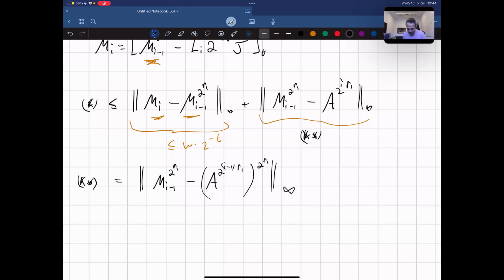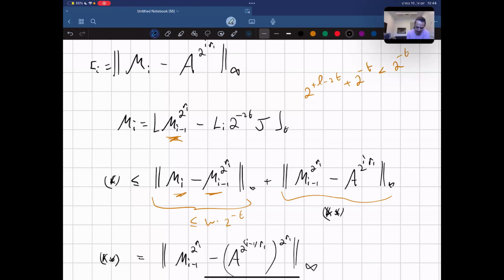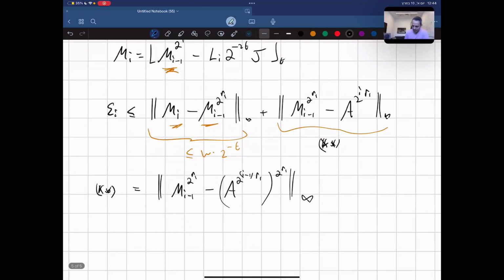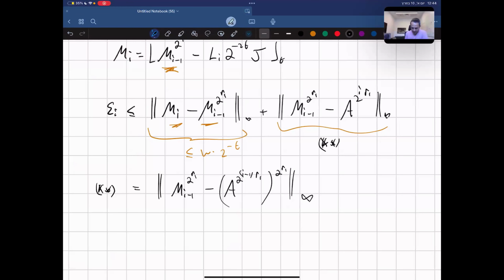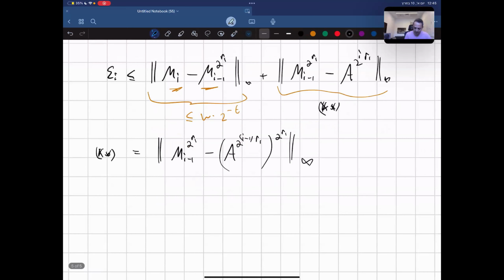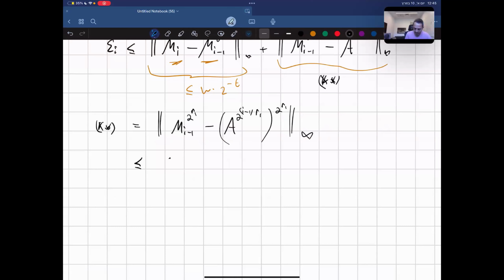Let's denote it, instead of star, by epsilon i. If we didn't have this, then that would be epsilon i minus 1, if you denote the i-th one like that. So I'm claiming that this is at most 2 to the R1 times epsilon i minus 1.